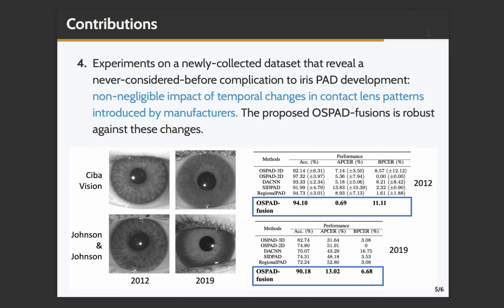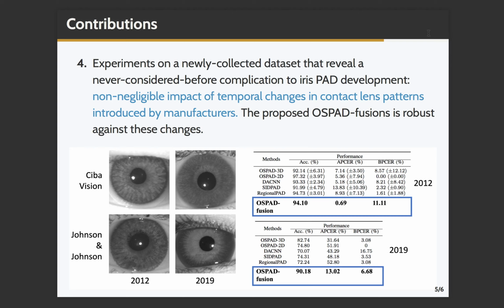It is interesting that the manufacturers changed their patterns, but they didn't change the name of the contact lens. This might lead to some inefficient training if some methods are trained on the 2012 data and tested directly on the 2019 data. And on the right-hand side, we show quantitatively the performance of our method.